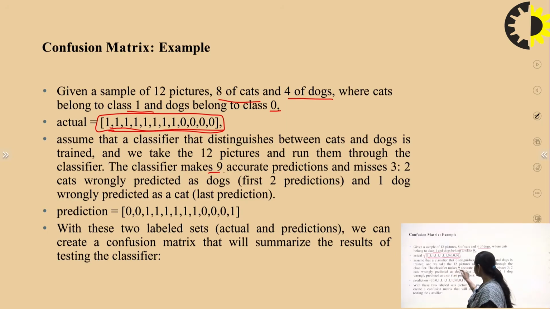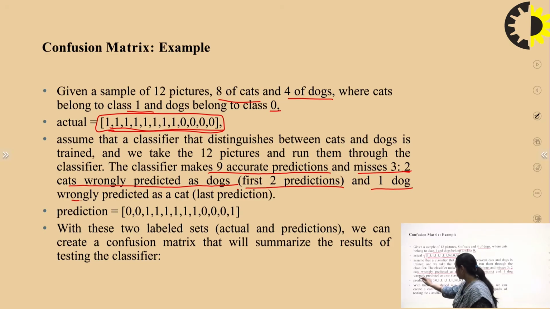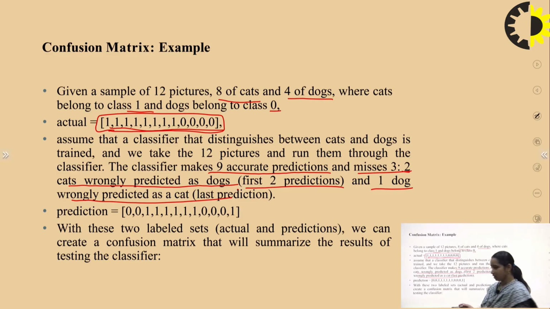The classifier makes 9 accurate predictions and misses 3. That is, two cats are wrongly predicted as dogs in the first 2 predictions, and 1 dog is wrongly predicted as a cat in the last prediction.